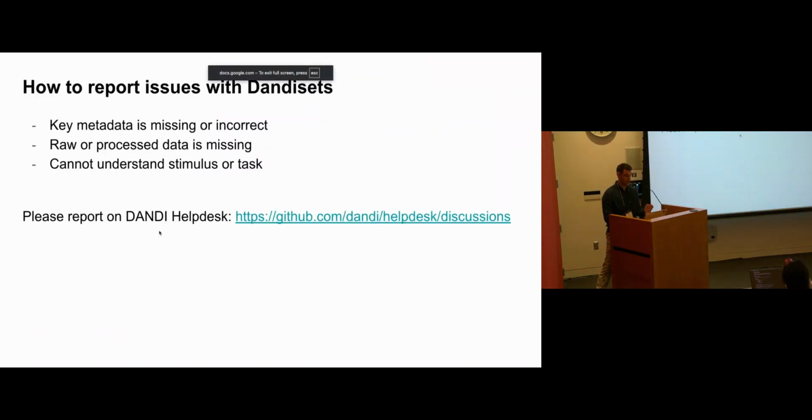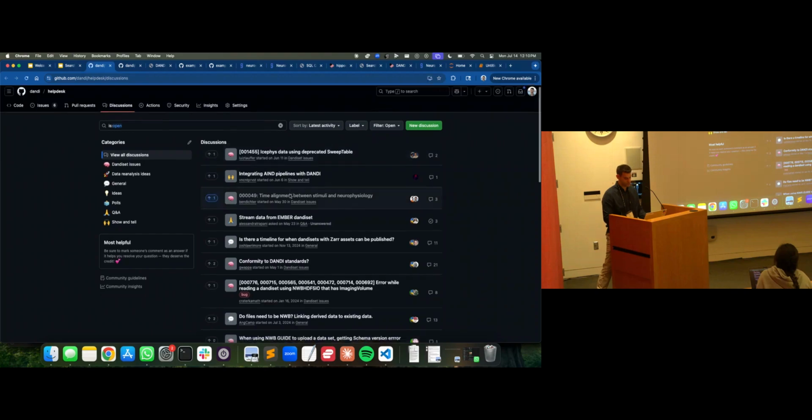And then finally, if you're trying to use a DANDI set and there's some issue with it, if there's key metadata that's missing or clearly incorrect, or if you really needed raw or processed data and it's missing, or if you can't understand the stimulus or the task, then all of these are really good reasons to open an issue about this DANDI set. And the way to do that is here in this discussions forum.